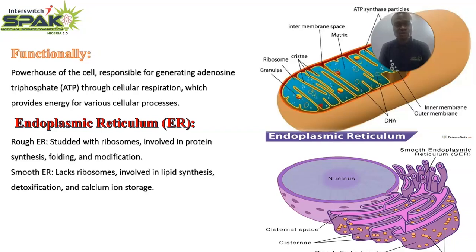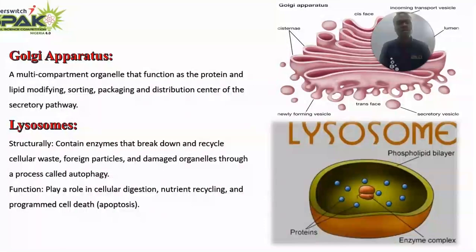The smooth ER is involved in lipid synthesis, detoxification, and calcium ion storage. Now, let's look at the Golgi apparatus, a multi-compartment organelle that functions in protein and lipid modification, sorting, packaging, and distribution, whether they are going to go out of the cell or stay.